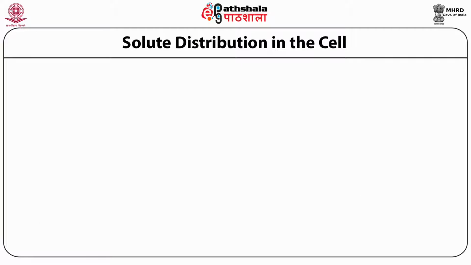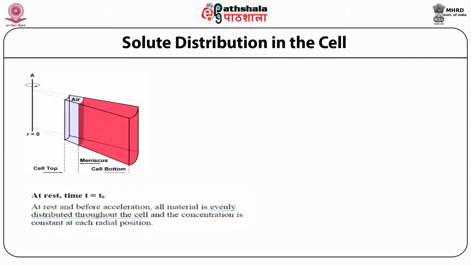Here we discuss how the solute is distributed in the cell during the centrifugation process. You can see in the first figure that at time t equals 0, at rest and before the acceleration, all material is evenly distributed throughout the cell, and the concentration is constant at every radial position.